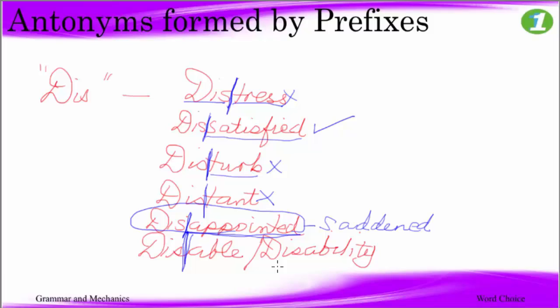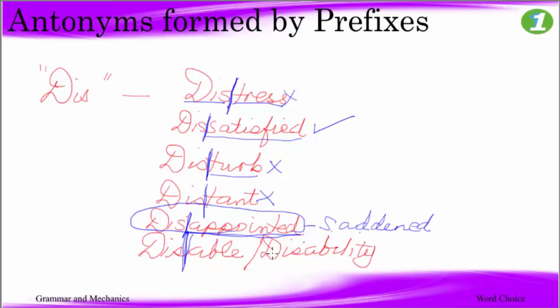So persons who are blind are often referred to as being disabled, or somebody with one leg, or one arm. Somebody who is confined to a wheelchair is often referred to as being disabled, or as having a disability.